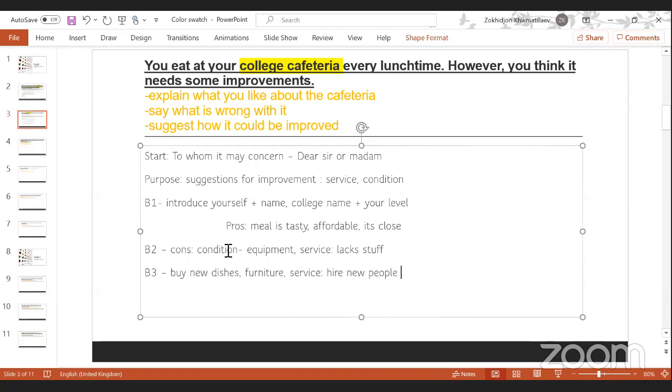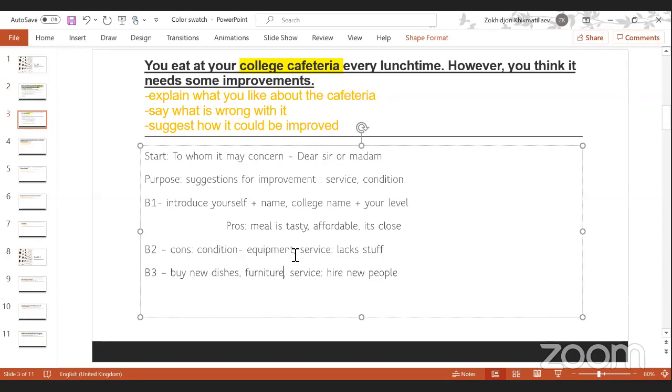You have to explain here. You don't need to list the problems. You have to explain why it is a problem. For example, in most cafeterias, equipment is old, right? But it concerns how old it is, that it's not comfortable. Maybe they don't have enough dishes, so you have to wait for people to come and go.